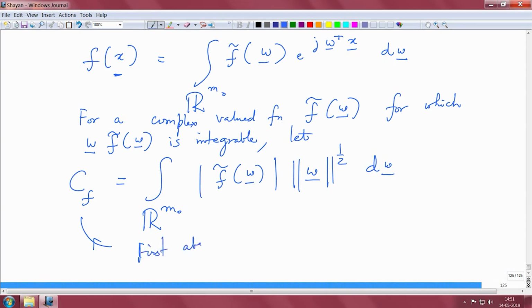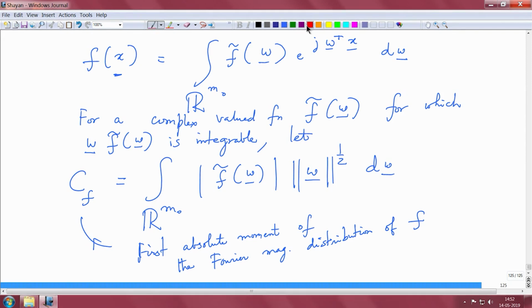This is the first absolute moment of the Fourier magnitude distribution of f, and in a way this quantity Cf qualifies the smoothness of this function f.